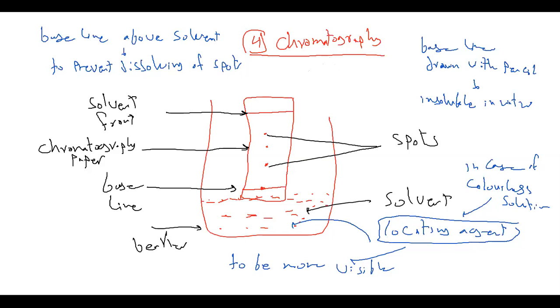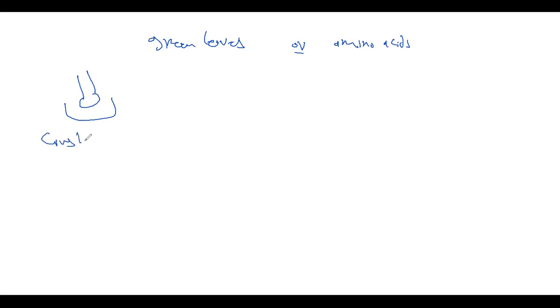Again, for chromatograph paper, for example, if we have green leaves or amino acids or anything, at the beginning, crush with mortar and pestle. This is number one. Number two, add solvent. For the solvent, water in case of inorganic, while in case of organic, ethanol.